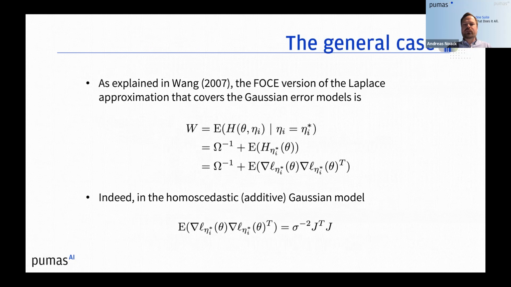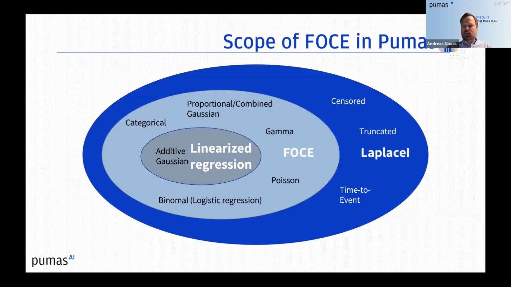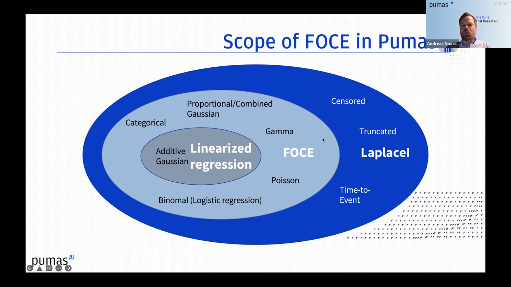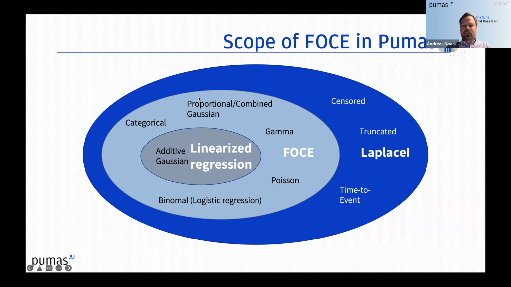I'll briefly revisit this slide again. All the distributions that have this nice structure that I just mentioned, where you can compute the expectation of the Hessian just as a function of the Jacobian of the mean and the variance of the error model, are covered by this light blue circle here.